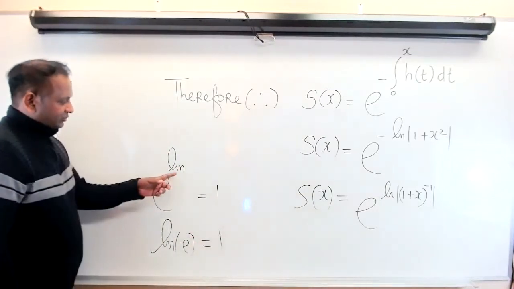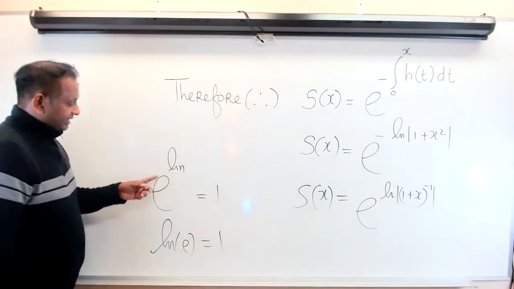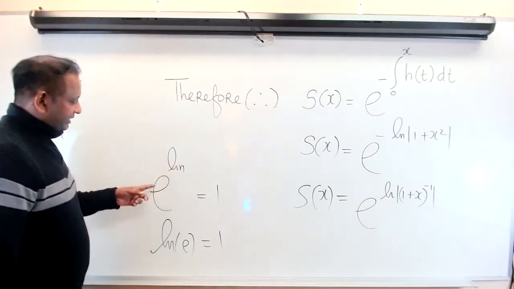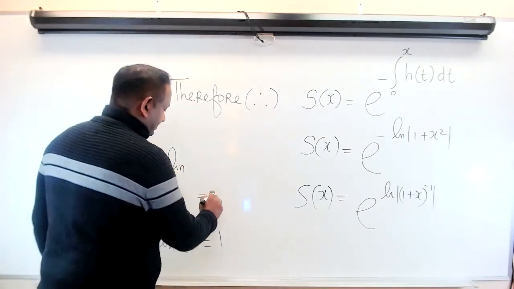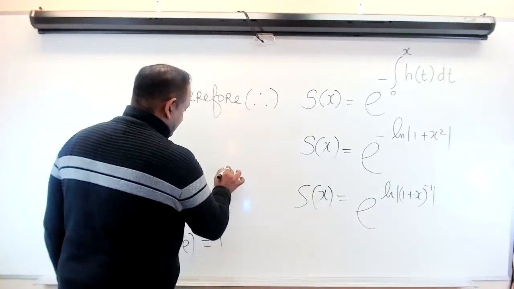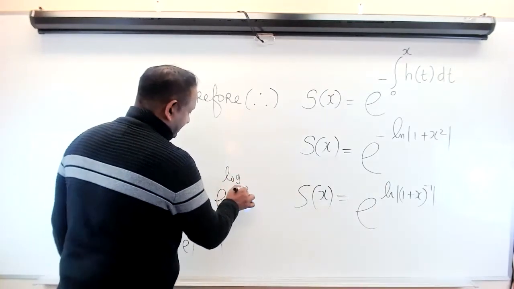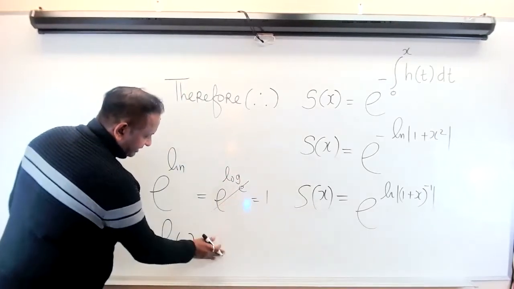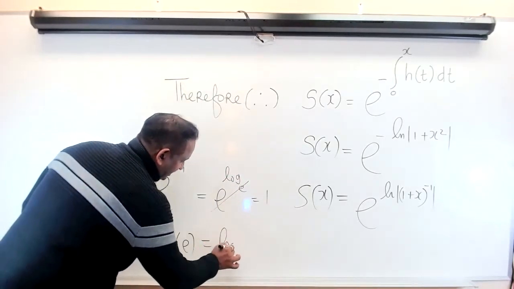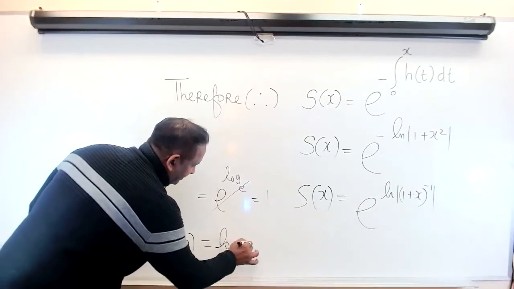This is the natural log, and e has been raised to the natural log, so the e and the log with base e cancel, and you come up with 1. ln means you're taking the log with respect to e, and ln of e is 1.